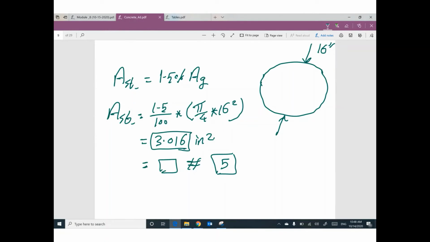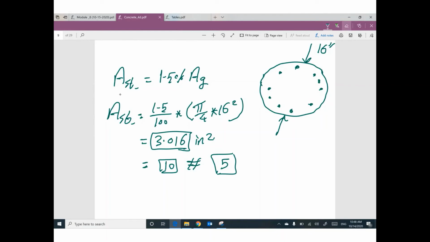The number will be 10. 10 is good. 8, 9, and 10. This distribution must be uniform distribution.